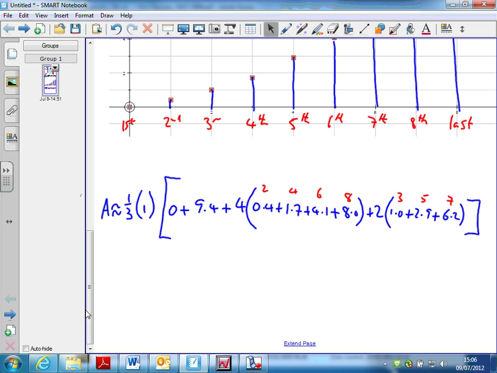It's a third times the width, which in this case is just 1, the width of each interval, plus then this will be the first, this will be the last from the table, plus 4 times the evens, which are the second, the fourth, the sixth, and the eighth ordinates, plus 2 times the odds, and the odds doesn't include the first and the last, and that will just be the third, the fifth, and the seventh. So now it's just a case of adding up these ordinates in these brackets and then working out the solution to get the area of the curve.